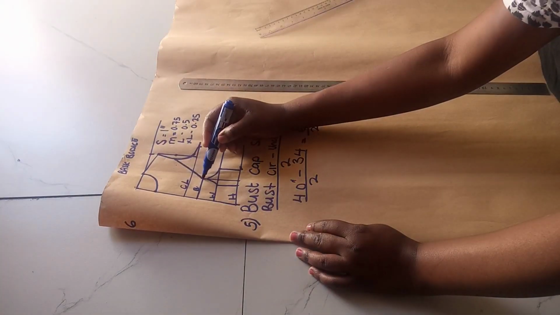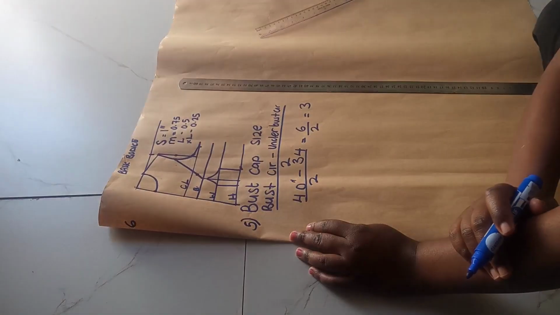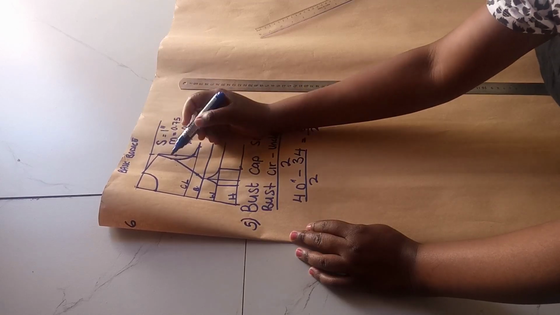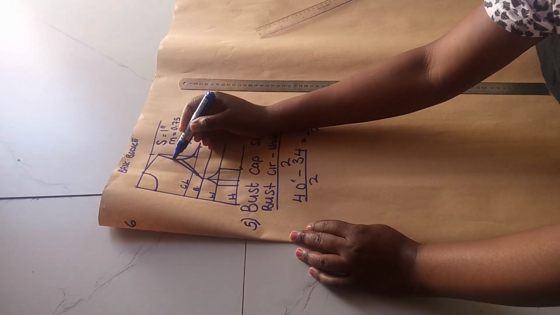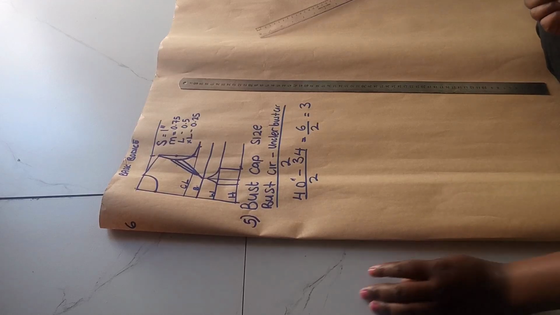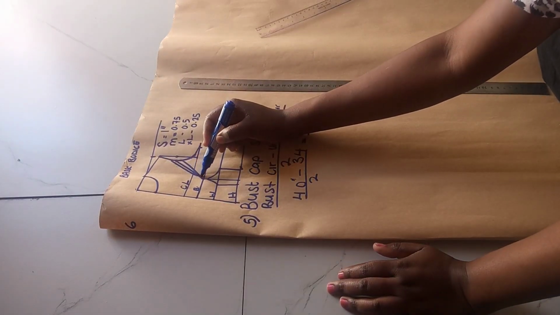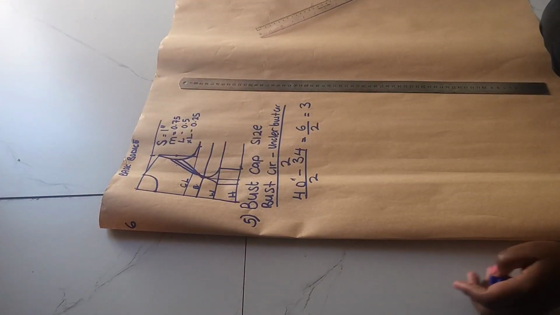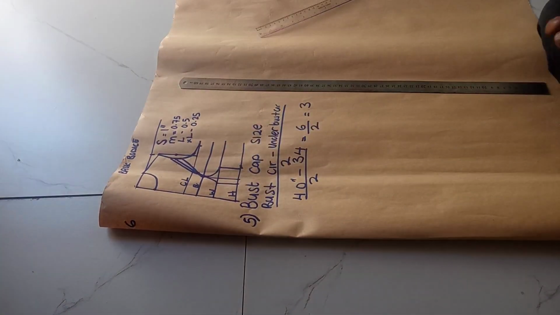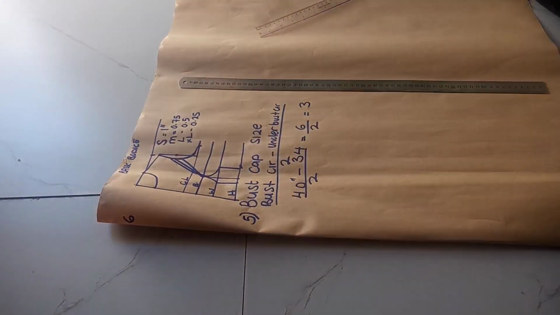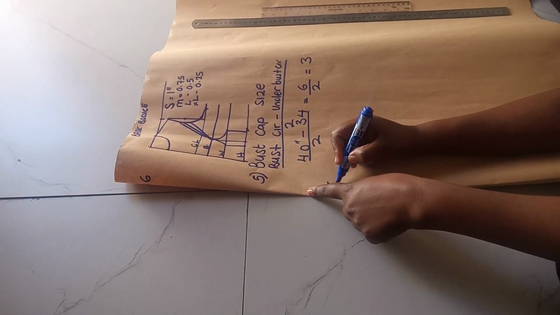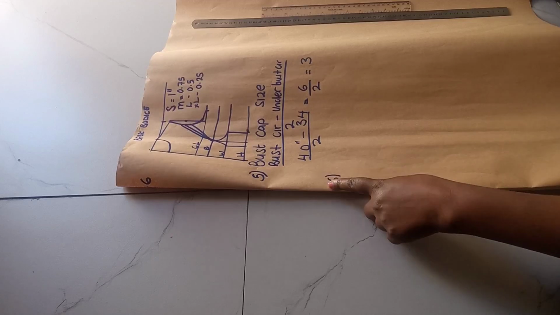Then you find the center of the armhole and join it to the bust. Then go up by 1 inch. Then also here you go out by 1 inch. Then you join those two like this. Then you can curve this to just avoid the pointy edges, and you can replace these cut edges at this side. So that is how you get your bust cup size.